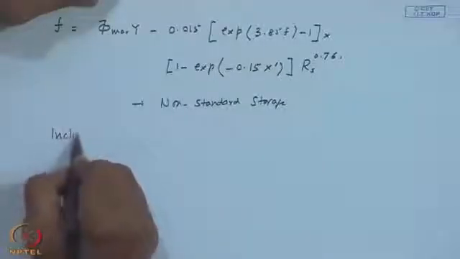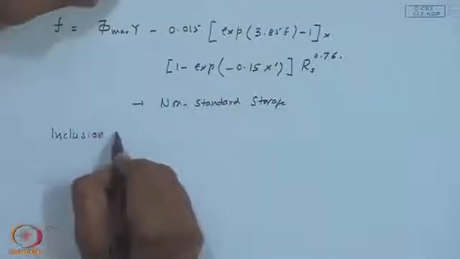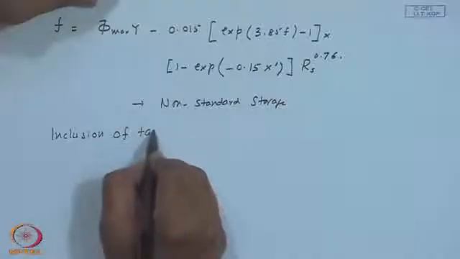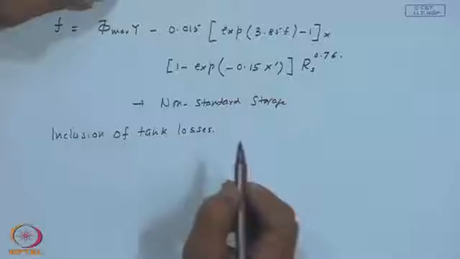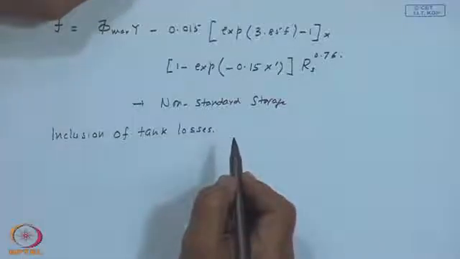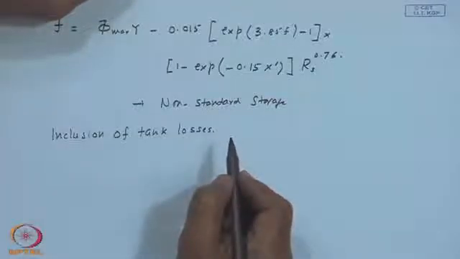So, now how do we include the tank losses? If the tank is at an average temperature of T T, it will be losing heat at a particular rate depending upon the overall loss coefficient of the tank multiplied by the surface area of the tank times the temperature difference of the T tank minus the surrounding T A dashed.